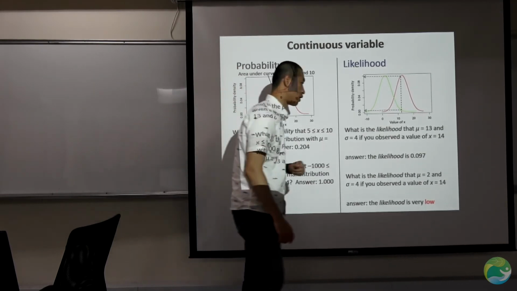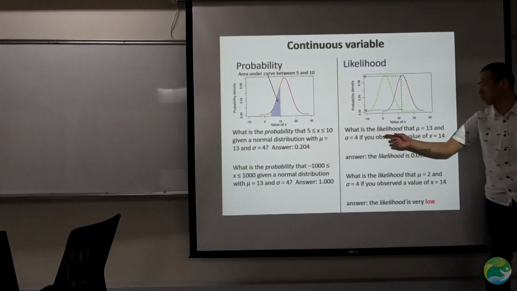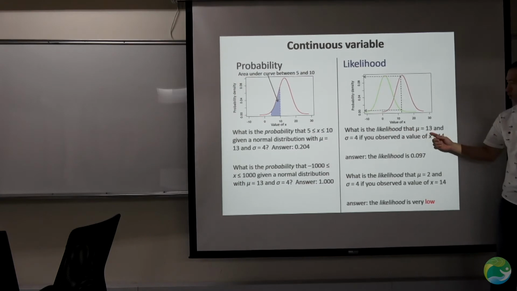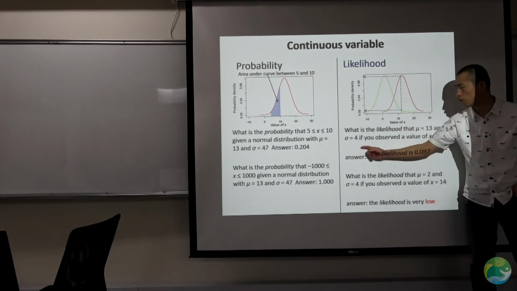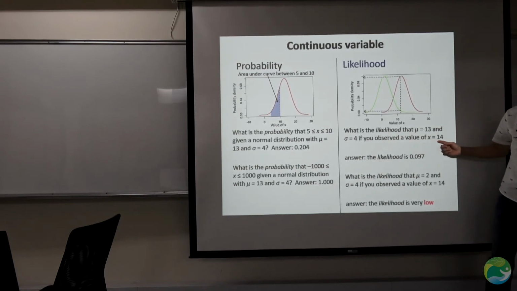But let's talk about likelihood. What is the likelihood that mu equals 13 and sigma equals 4, if you observe a value of x equal to 14?